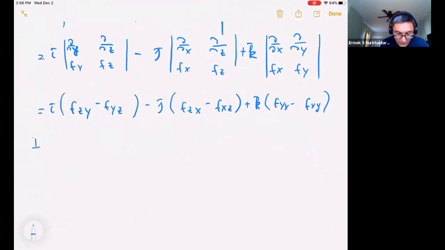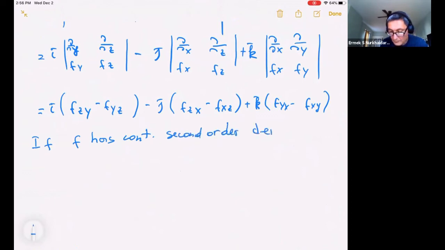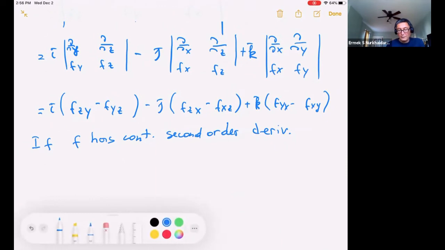If function f has continuous second order derivatives, then it doesn't matter which way we're taking the derivatives.